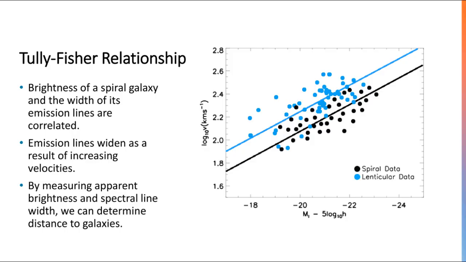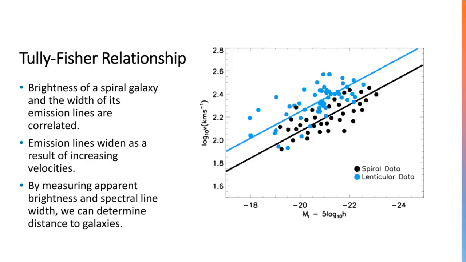Another technique we can use, so the Wilson-Bapu was for stars, Tully-Fisher is going to be for galaxies. So when we look at the brightness of galaxies in different wavelength ranges, for example, if we're looking at the chemical signature of hydrogen for one of its emission lines, in theory it should be just one very narrow emission line.